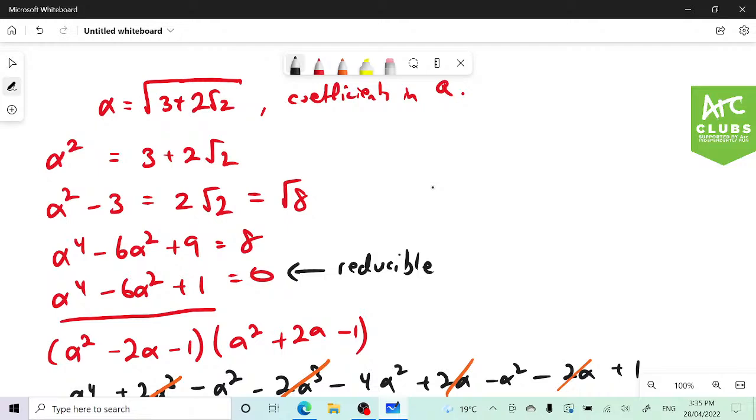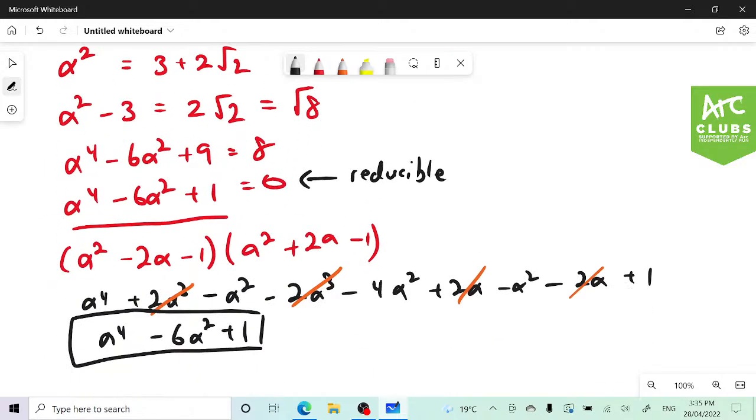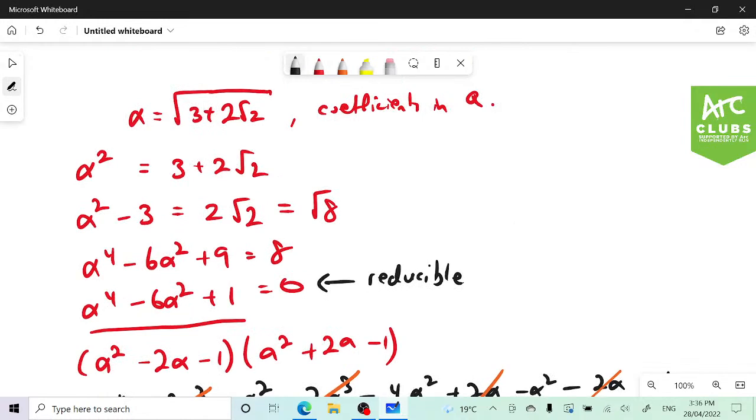Alright, so we need to figure out which one of the two the root belongs in. You can plug alpha into either one of these two, and you'll obtain, I believe, this one here.